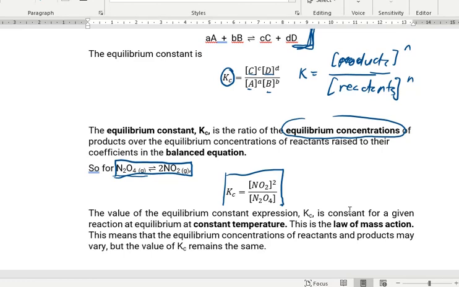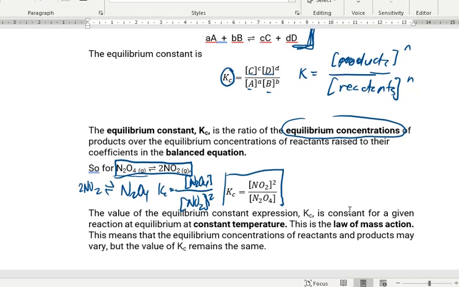That is why NO2 should be in the products in the numerator. Had this been written as 2NO2 to form N2O4, then the K for this one should have been N2O4 over NO2 squared. Okay? So, you should follow how the equation is written.